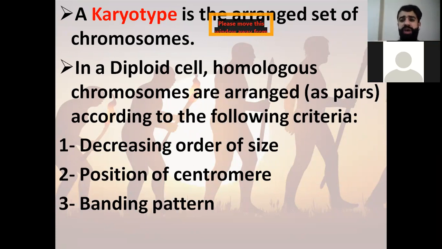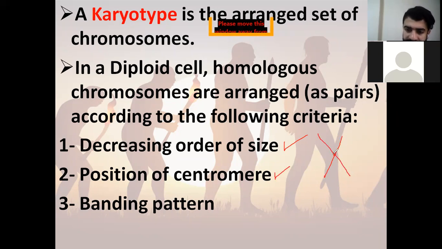They are arranged according to three different criteria. You have to study them. You have to know the criteria of the arrangement of chromosomes in a karyotype. They are arranged according to decreasing order of size, from the bigger to the smaller; to the position of the centromere. What is the position of the centromere?